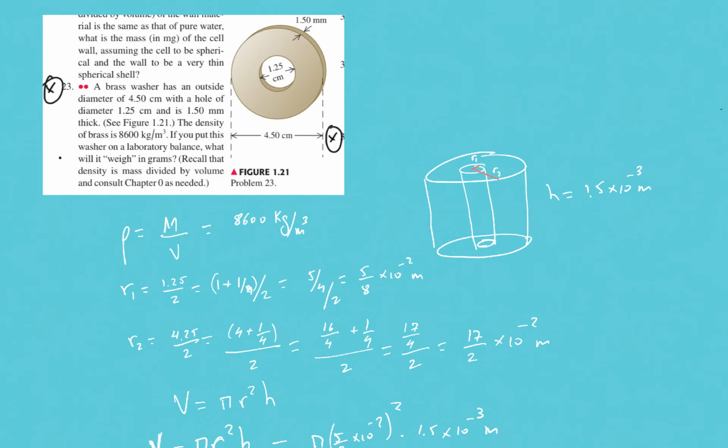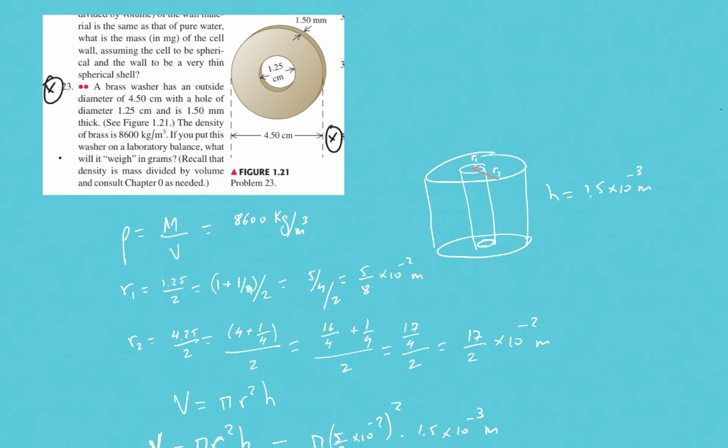And the density, the amount of mass per unit of volume, the amount of mass that you can place in 1 meter cube, you can place 8,600 kilograms. So this is a high density material. For water, for example, it is 1,000 kilograms per meter cube.